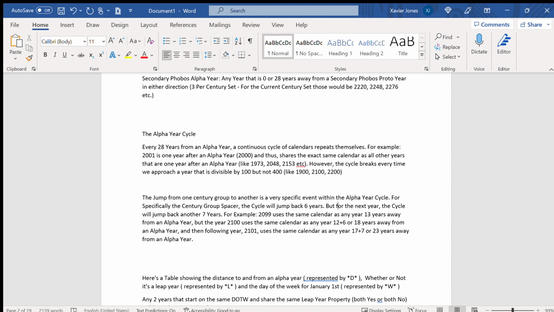For example, 2099 uses the same calendar as any year 13 years away from an alpha year. But the year 2100 uses the same calendar as any year 12 plus 6, or 18 years away from an alpha year. And then the following year, 2101, uses the same calendar as any year 17 plus 7, or 23 years away from an alpha year.